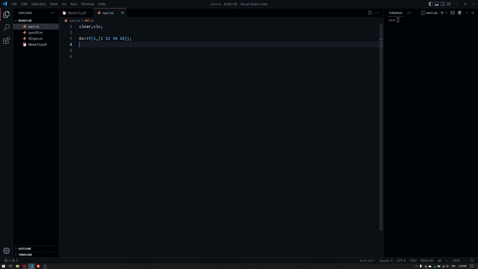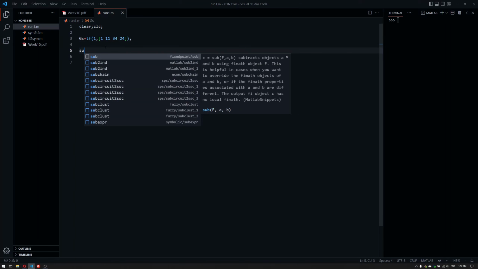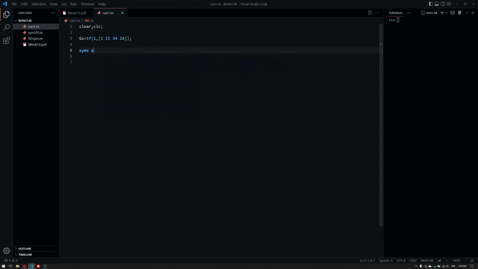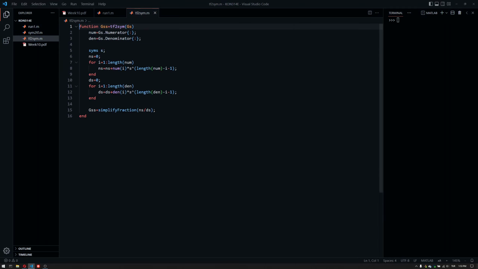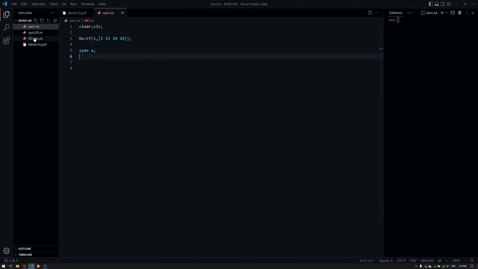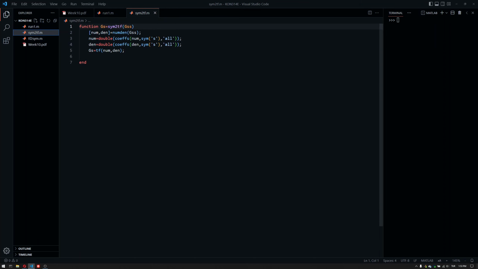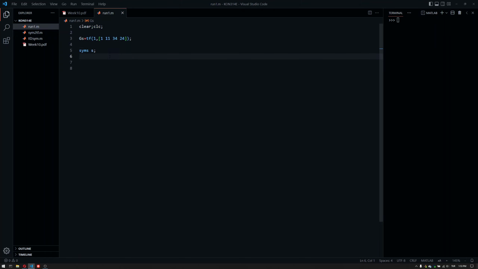When we have a transfer function like this, all that we do is, let me, by the way, define syms s, and I have already my sim to tf or tf to sim, which I've coded myself, but you can do also on your own, which are basically just functions that convert symbolic fractions into transfer function or vice versa. Now let's get the representation here, tf to sim. Let's pass in our transfer function.